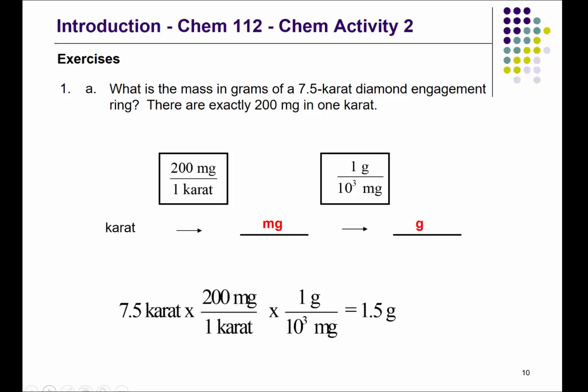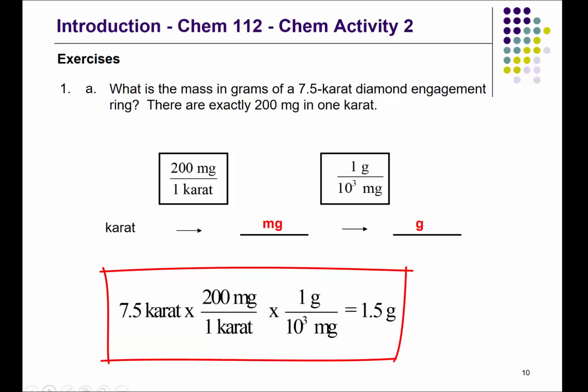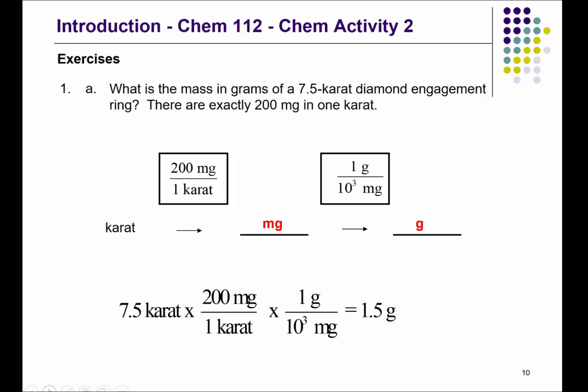The calculation equation looks like this. The units of carats and milligram will both cancel, and the final answer in grams is the two significant figures. I very much encourage you to lay out your calculations as a single line of conversion, such as what you see here. This keeps you organized and minimizes errors.